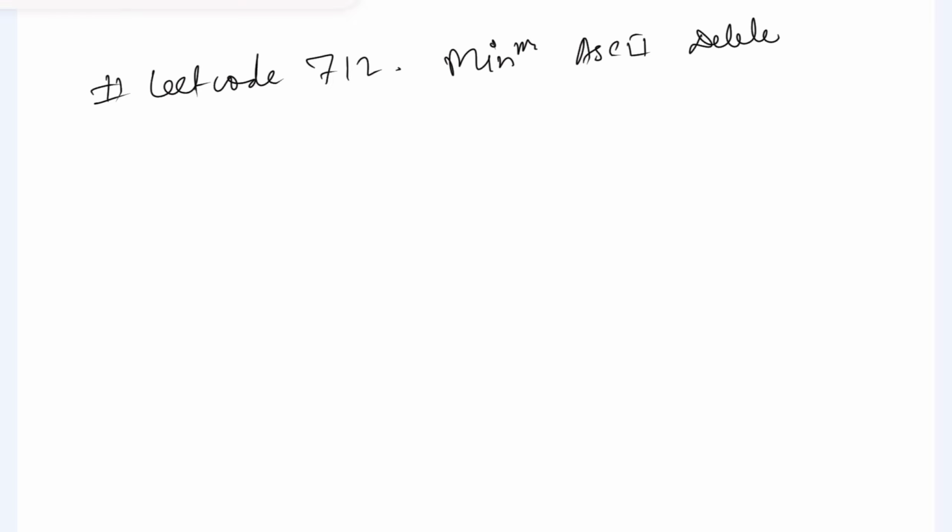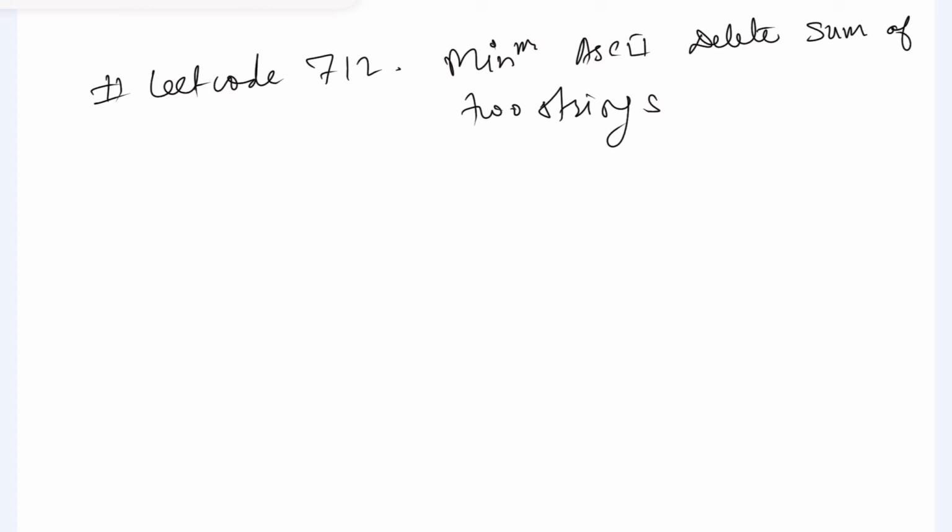So let's try to understand the problem. We have LeetCode problem number 712, the Minimum ASCII Delete Sum of two strings.